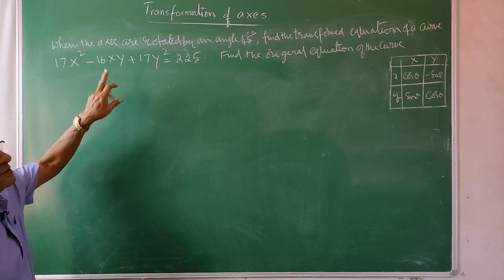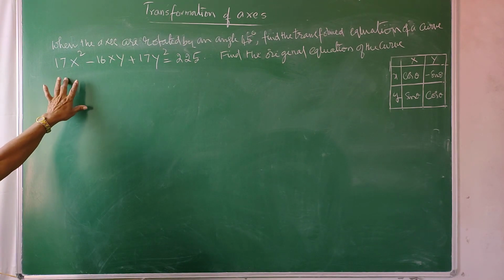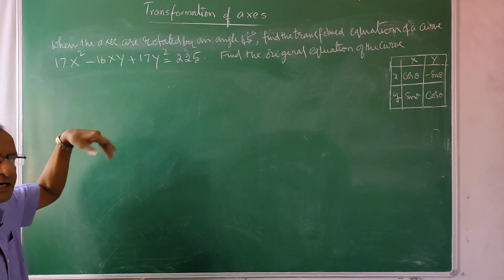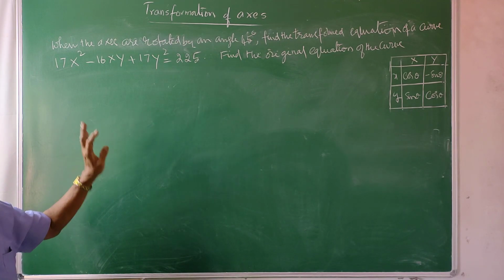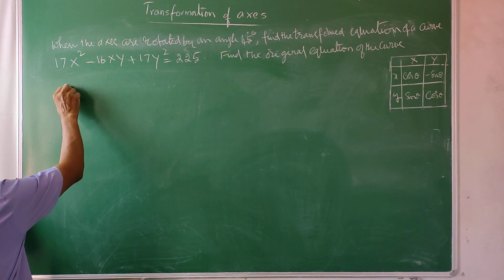Now see this question. Here the angle of rotation is 45 degrees and this is the transformed equation due to rotation. What is the actual equation of that curve? Now let us write the given equation first.